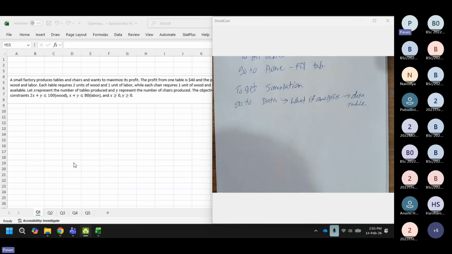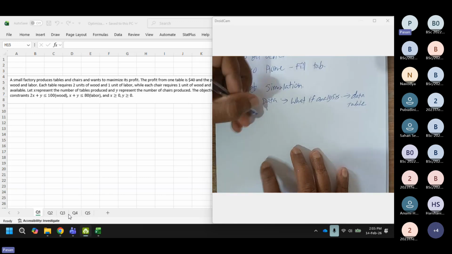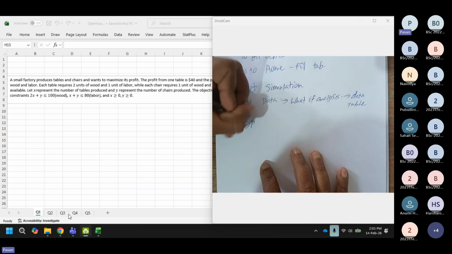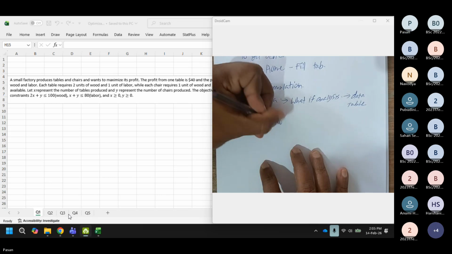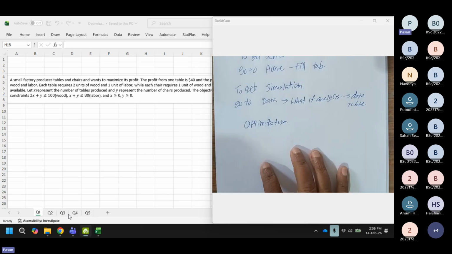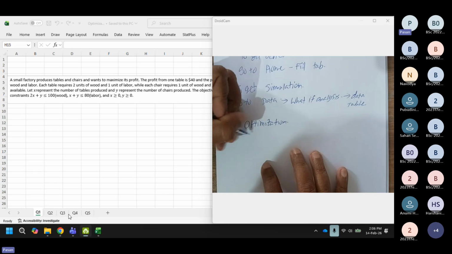Okay, so let's start discussing this topic here. We have this optimization, or we can define it as the linear program.